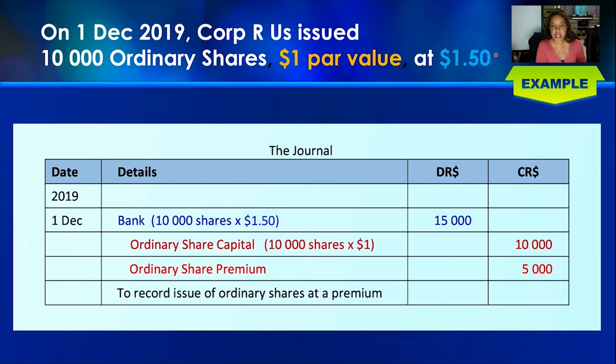How much more is the issue price to the par value? 50 cents. So the 50 cents represents your premium per share. So if you want to find your full share premium, it will be the 50 cents by the number of shares, and look, it gives you 5,000.